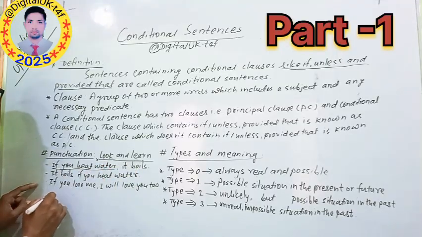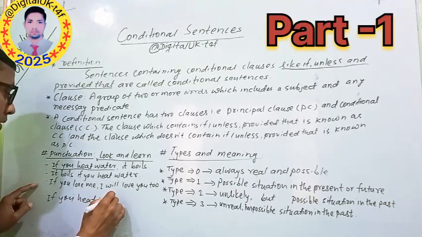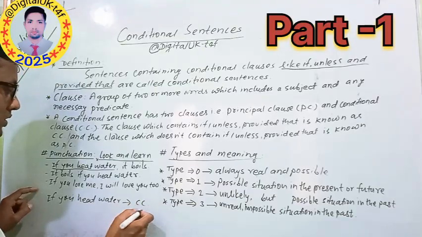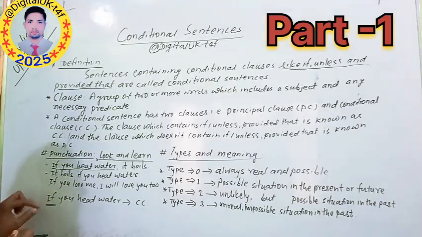This part, if you heat water, is called CC. Why is it called CC? You know very well. Here is the word that makes us understand this is CC. So if is used here, so this part is called CC.